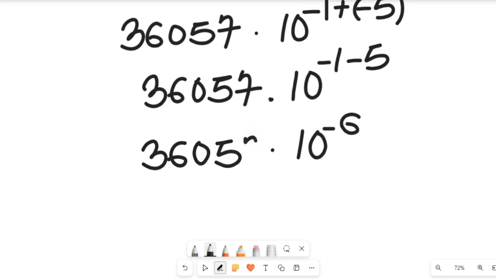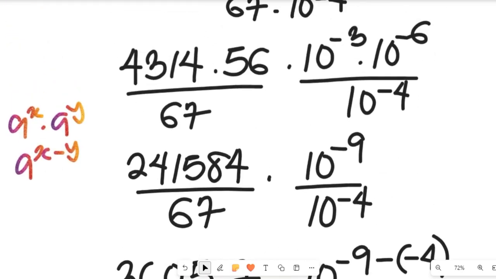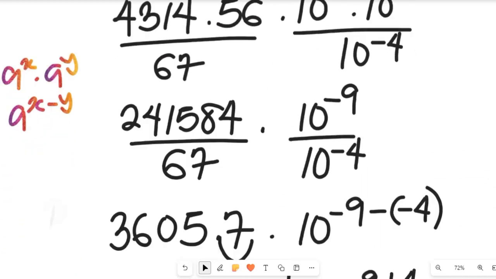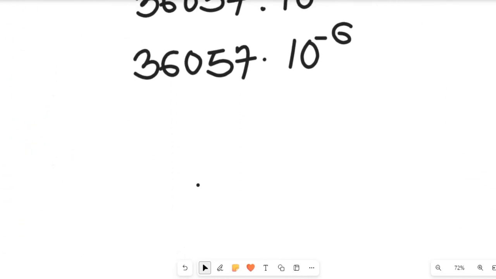So how do we take this to 3 decimal places? Remember, the question says you should submit your answer in 3 decimal places. Now, let's expand this back to a decimal fraction. Remember, this is a negative power, which tells you that the decimal point must move to the left.